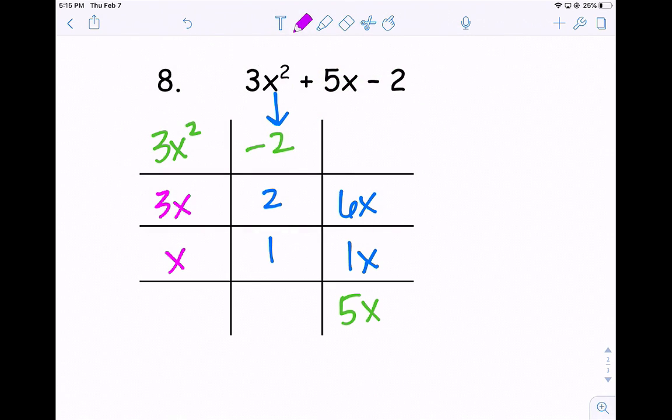So I'm going to subtract this 1. If I make this piece negative, then I'm going to carry that negative over to the 1 in the middle column. And now I'm going to check this middle column one more time. Is negative 1 times positive 2 negative 2? A negative times a positive is in fact a negative. So now it all checks out. So our factors are going to be 3x minus 1 and x plus 2.